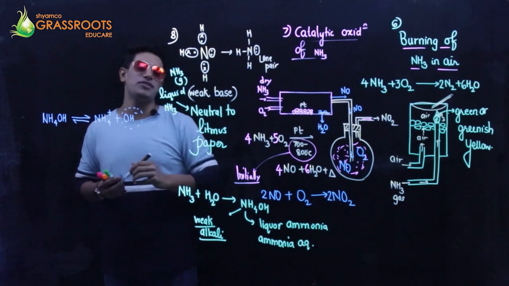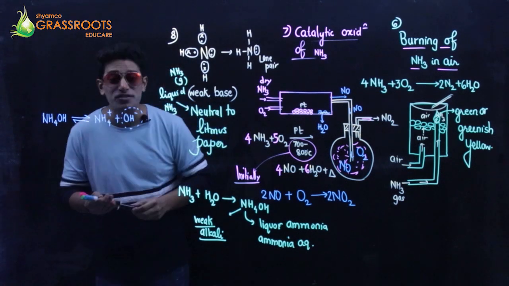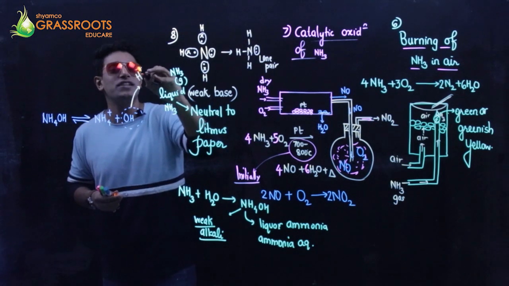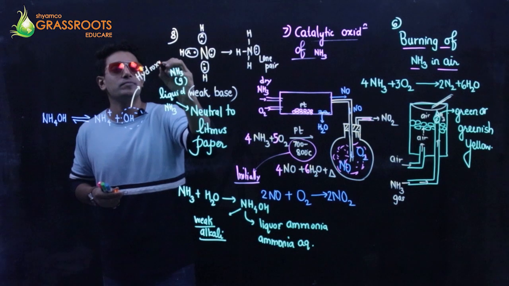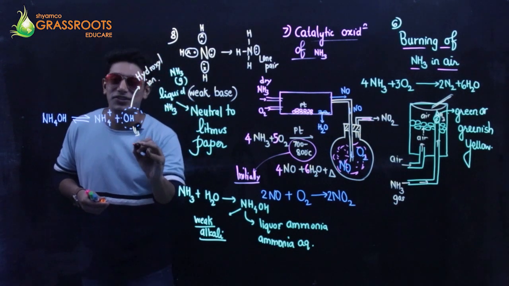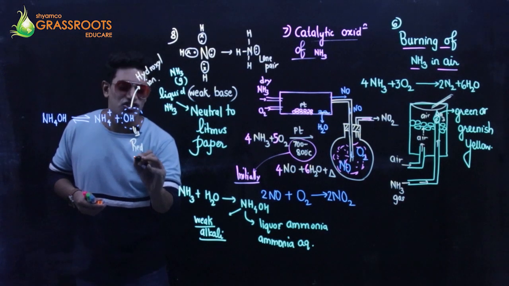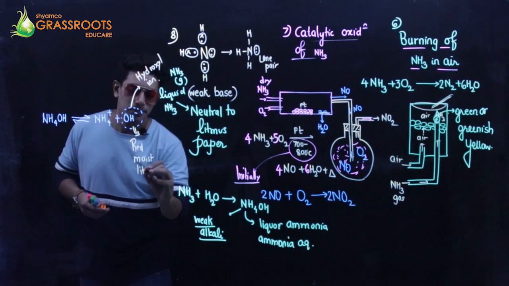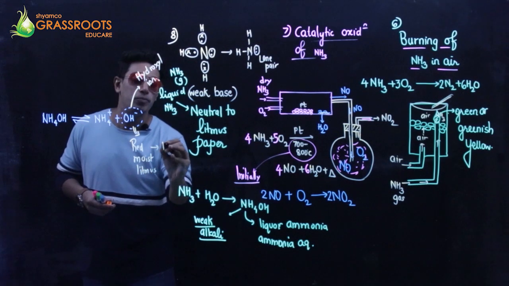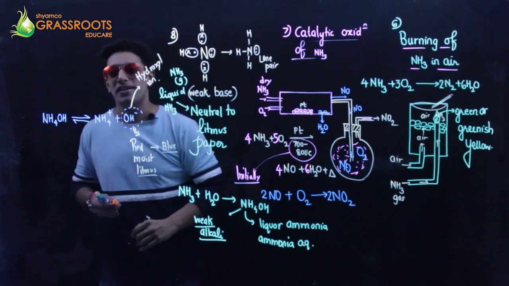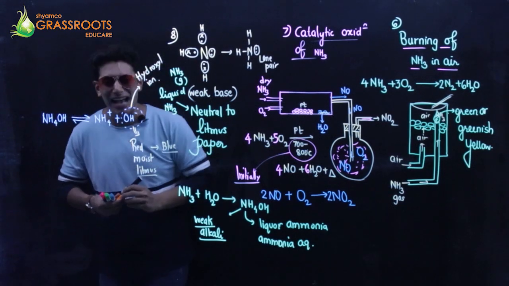And because of the presence of OH-, which is the hydroxyl ion, I can say it turns a red moist litmus into blue color, showing its weak basic nature.